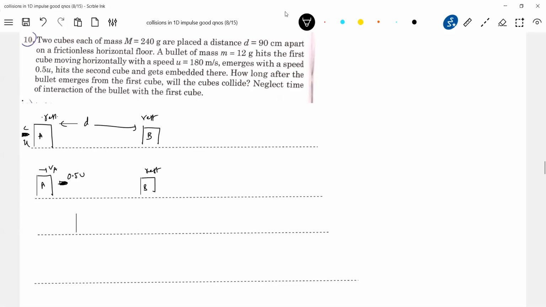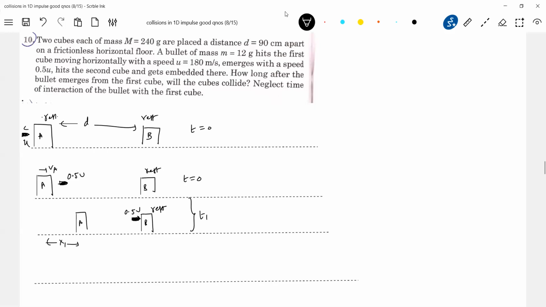So let's take here, and the bullet will approach block B. By the time it collides, block A will cover a distance x1. These are instants of time. Let me define it like this. This particular time interval, let it be t1.